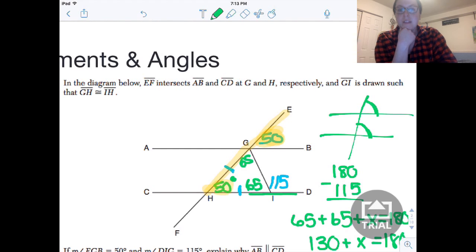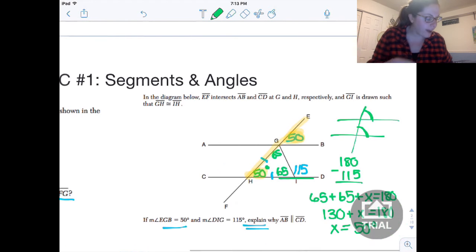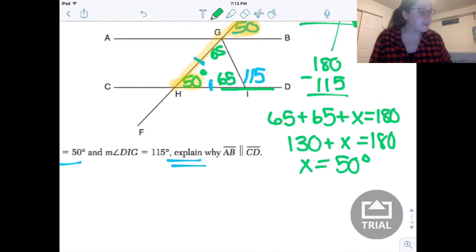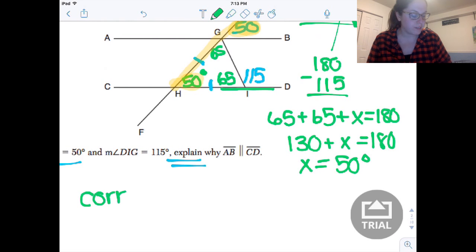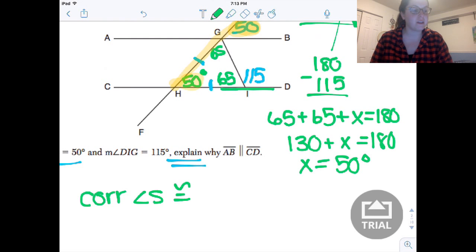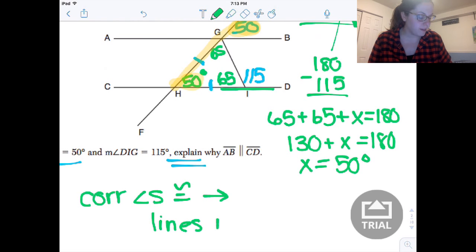So what I could do here is say, okay, great. Now I know a theorem, once I've shown all this work, that says if corresponding angles are congruent, that means that the lines must be parallel to each other.